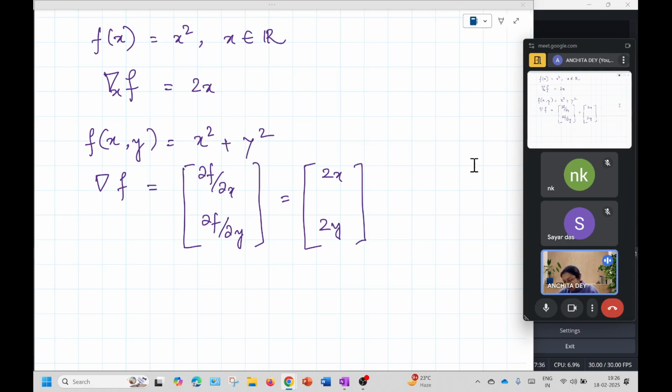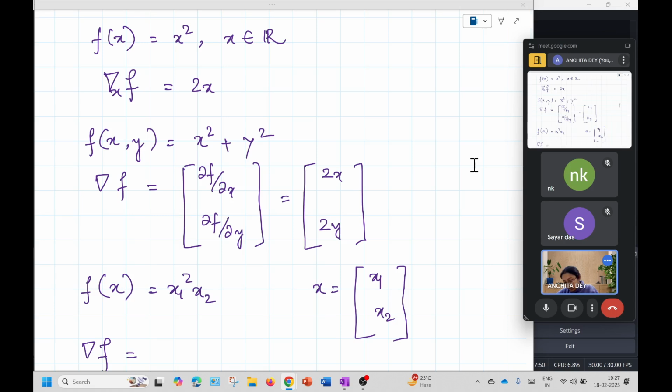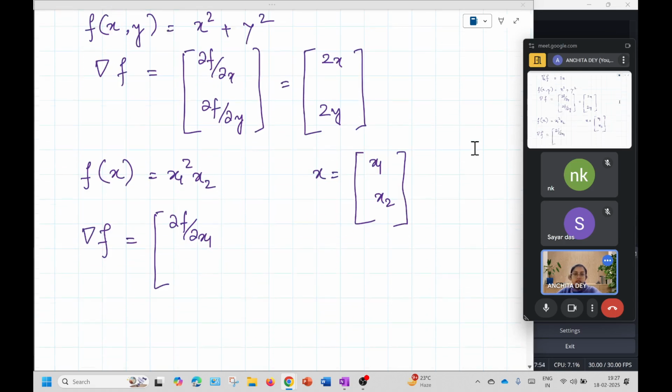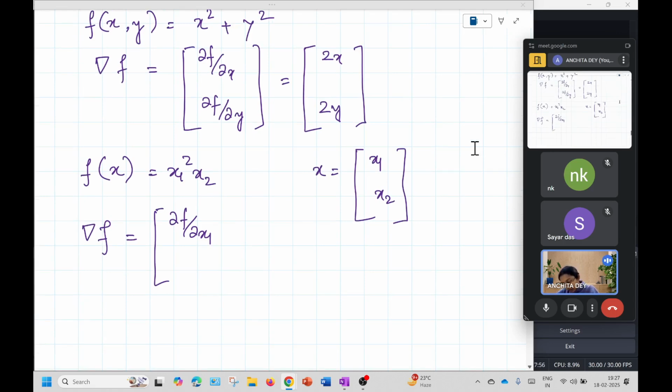What about some other function? Let me say f of x is equal to x1 squared x2, where x is made up of x1, x2. What would be my grad f? It would be again the same, dou f dou x1 and then dou f dou x2.